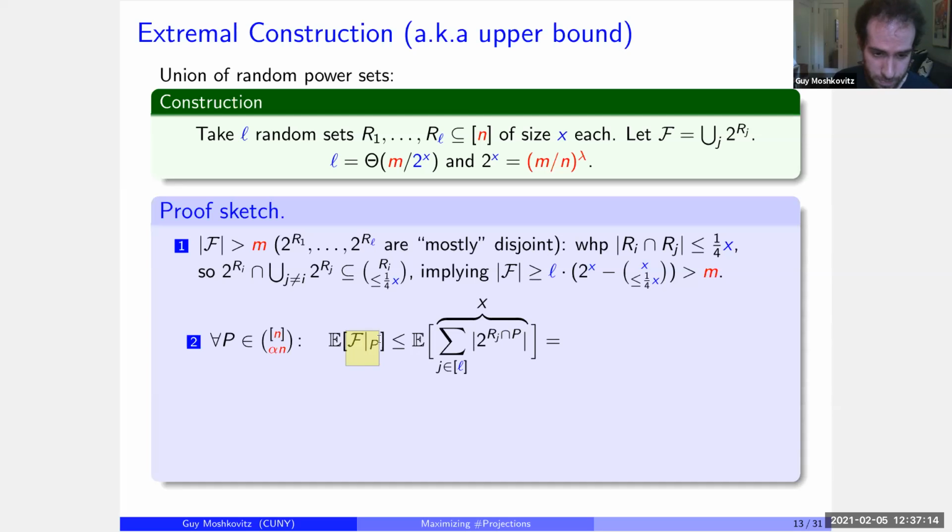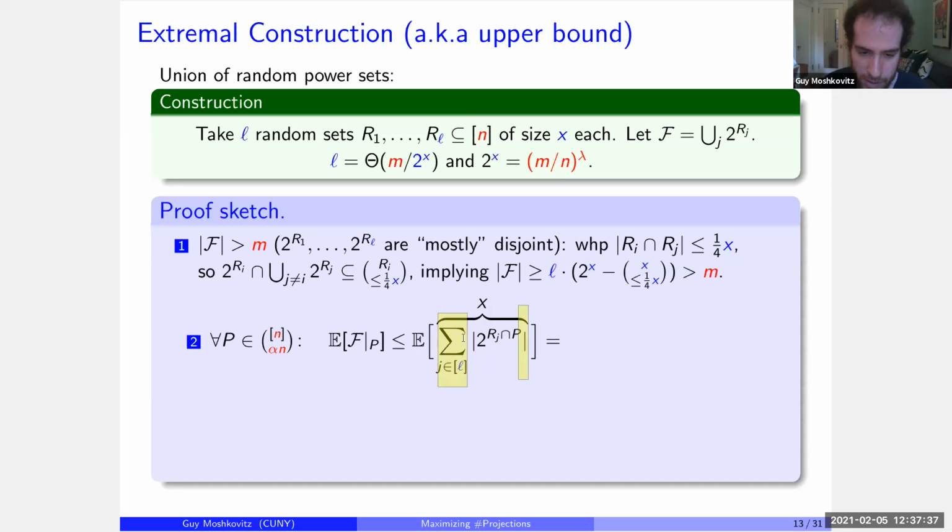If you project, forget about the expectations here for a second, if you project our family onto this set P of coordinates, then the number of projections is at most the sum of the number of projections that come from each power set. Probably less if there are intersections, but this is an upper bound.